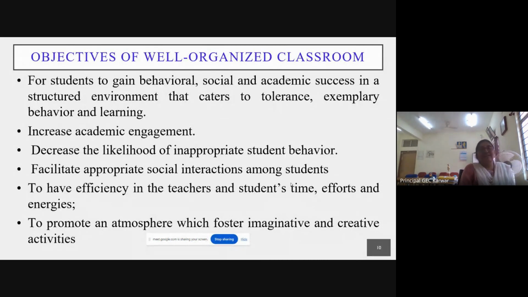It increases academic engagement and decreases the likelihood of inappropriate student behavior, facilitates appropriate social interactions among students, brings efficiency in the teachers' as well as the students' time, effort, and energy, and promotes an atmosphere which fosters imaginative and creative activities.